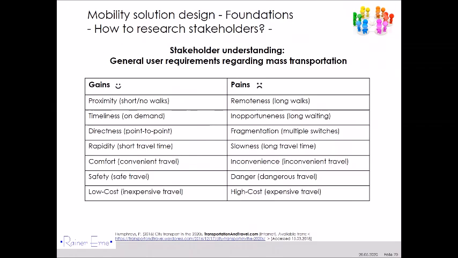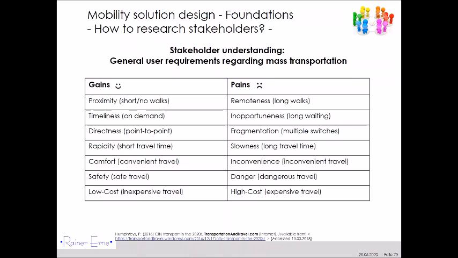Regarding the needs they have, they are quite common when we view the needs of travelers or commuters from a very general point of view. It's always what people want is proximity, so short or no walks. They need travel services on demand, so with no long waiting times.